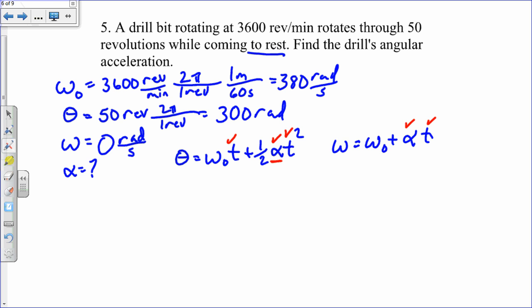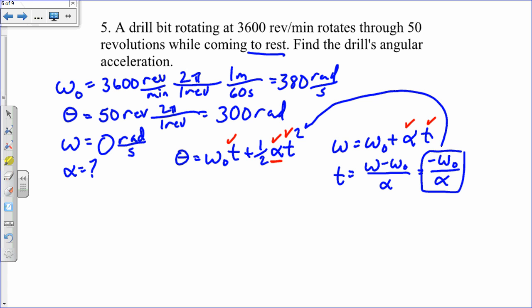All right, so I need to create an expression that only has alpha in it. That means that I'm going to solve this for T. T is omega minus omega naught over alpha. But since omega is 0, I'm just going to call this minus omega naught over alpha. Now I'm going to plug it in here and here for T, and then I'll have an expression that only has alpha in it. That'll be the only unknown in that expression.